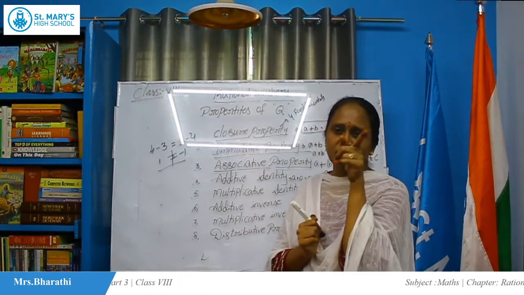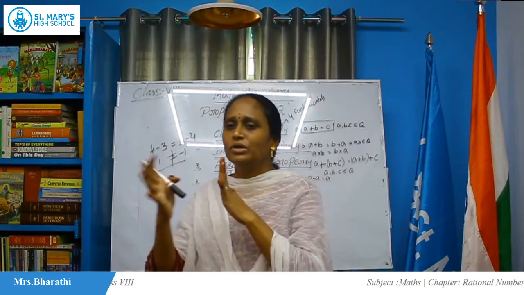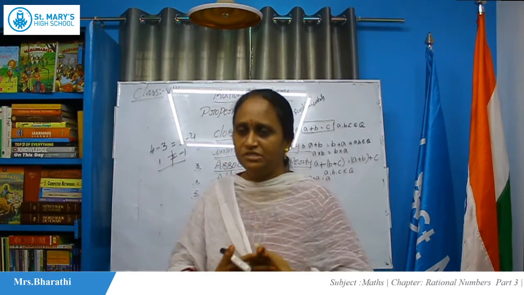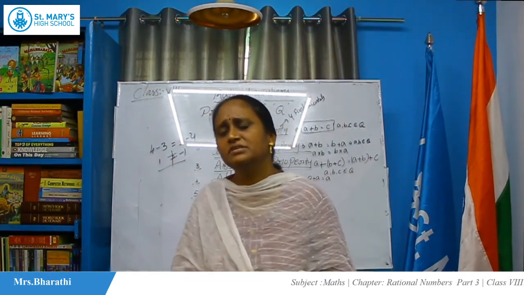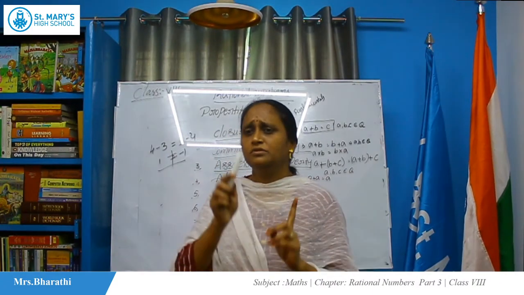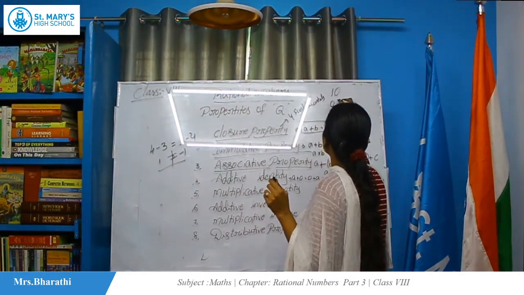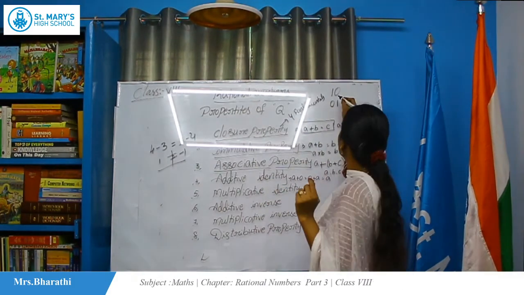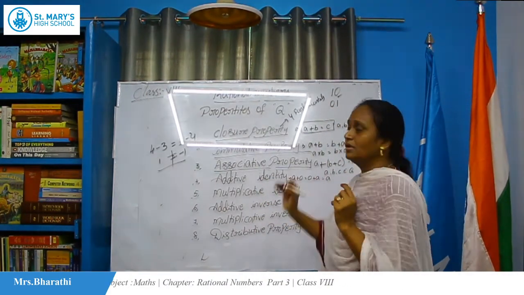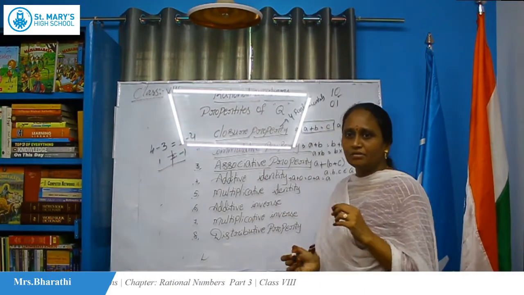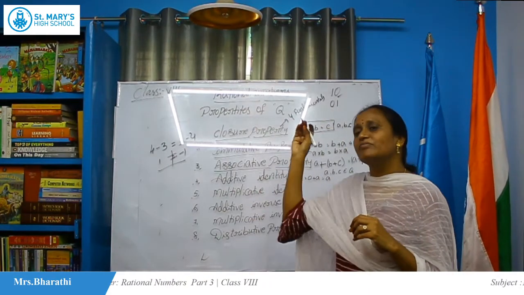And one more question I will ask you: what is the main role of 0 here? Suppose you observe this 10 and 1. The 0 is on the right side of the number.